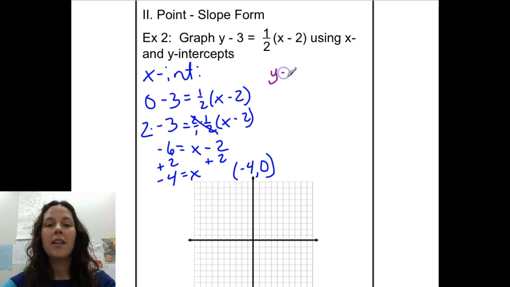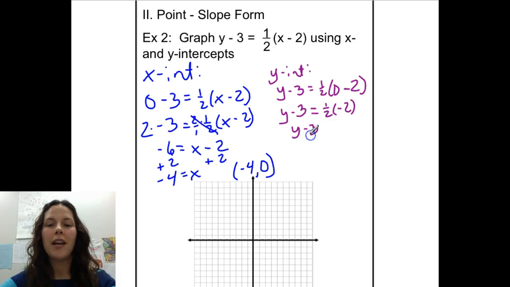Solving for any y-intercept in any form of a line, I would start by substituting 0 for x and solving for y. This time I'm going to simplify what's on the right-hand side because there are no variables. So in the parentheses, I'm going to do 0 minus 2. Multiplying a negative 2 by half, I get negative 1.